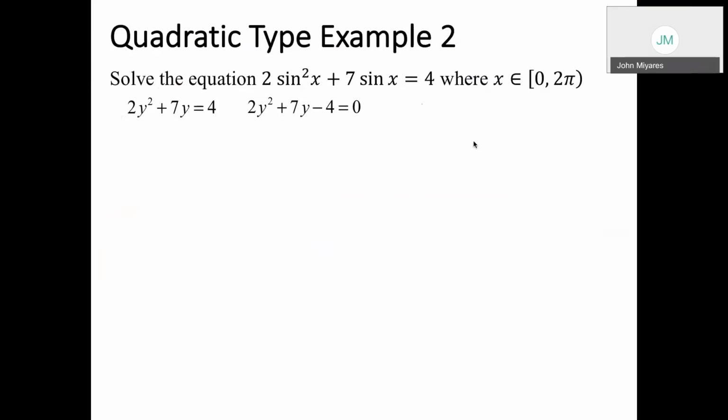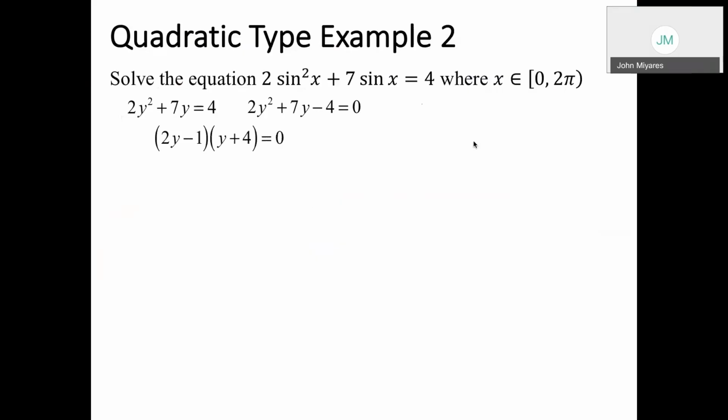From here, we want to try to factor this expression the best way that we can. We can either use the AC method, or if you have some of the programs that I gave you to install on your calculator, you could use trifact or quadrat to come up with solutions for these. Factoring this expression is going to give you 2y minus 1 times y plus 4 equals 0.